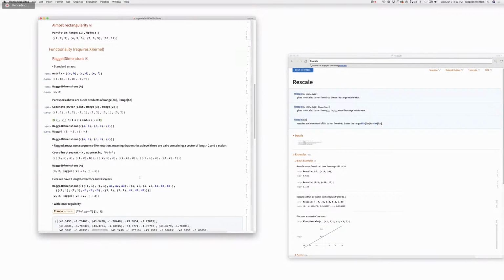Okay. Look at this case, for example, in which we have this matrix produced by coordinatize. There we still have two levels which are fully irregular, the 3 and the 2. But then inside, we have pairs with one vector of length 2 and one scalar. This case here.